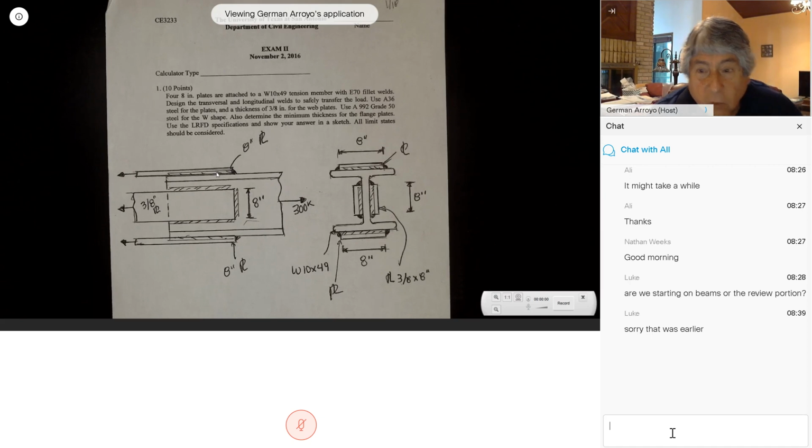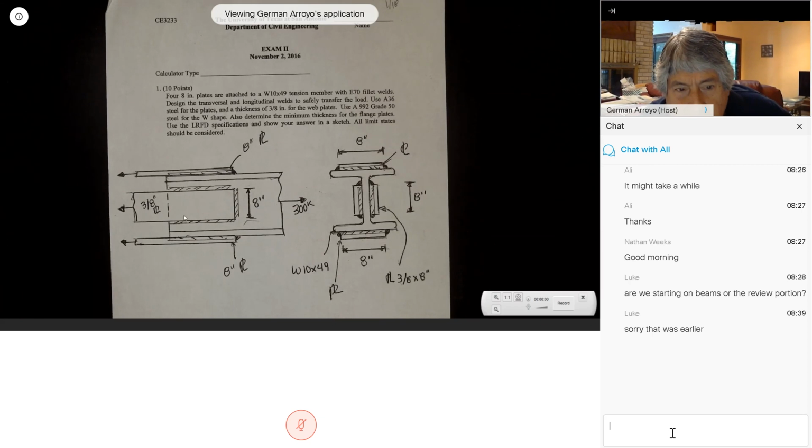Okay. So what we need to do, we need to find for this plate the capacity of this plate in tension yielding, because this is the tension. And also in the tension rupture.